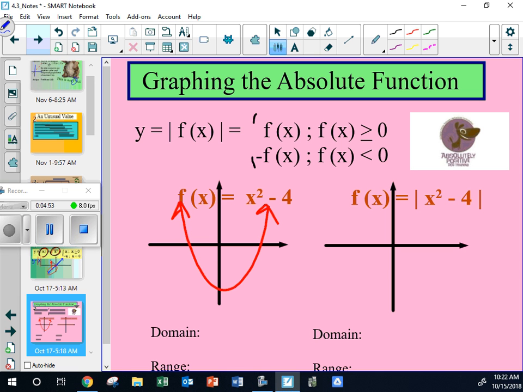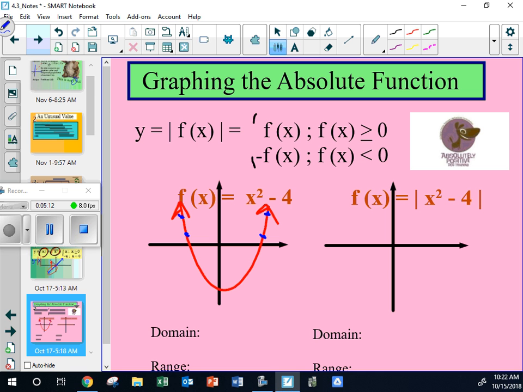If the y values were positive and you absolute value them, it doesn't do anything different. So in other words, that spot, that spot, that spot, all those y values were positive. So when the absolute value comes along, it doesn't do anything different.